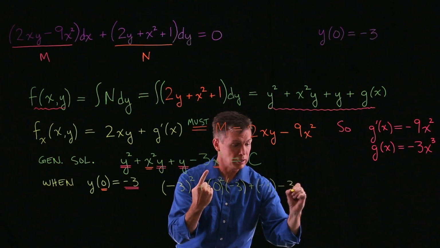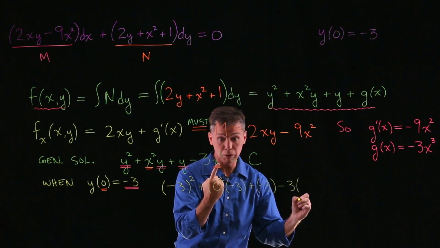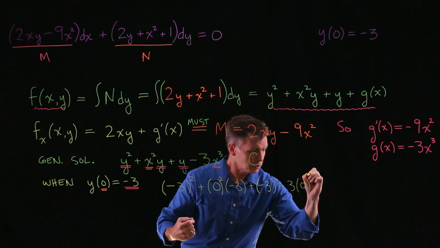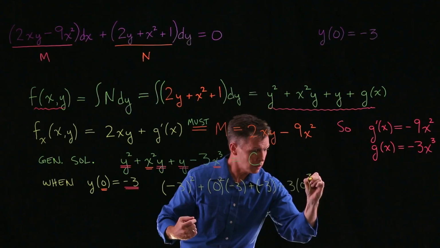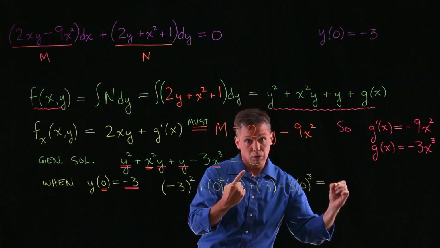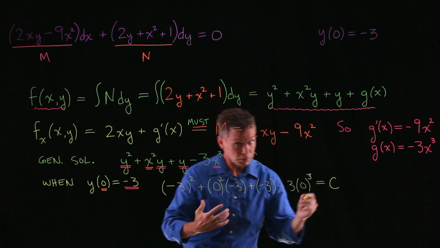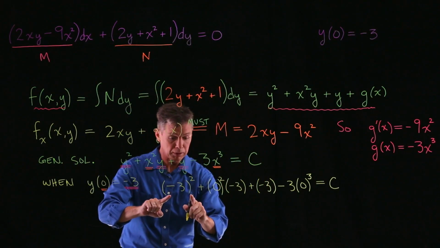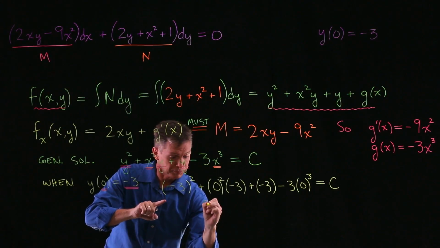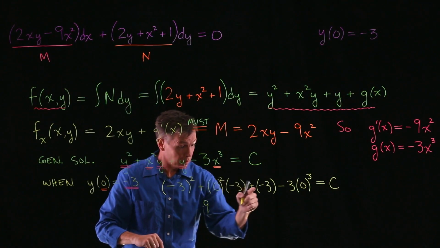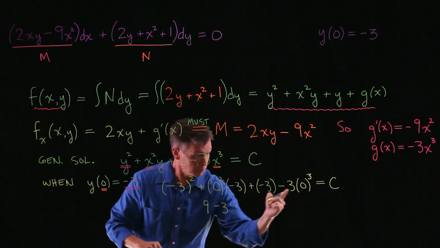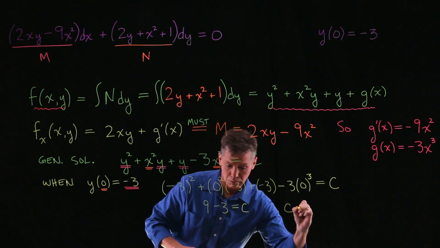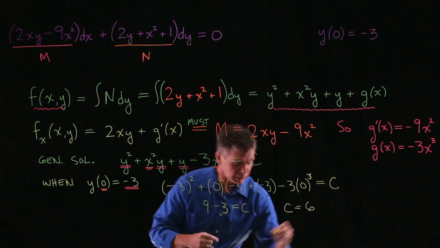Minus 3 times x cubed, but x was our 0, so 0 cubed, and that equals the c. And what that does is allows us to get the value of c. So what are we going to end up with here? 9 plus 0 minus 3 minus 0 equals c. So c equals 6, I guess.